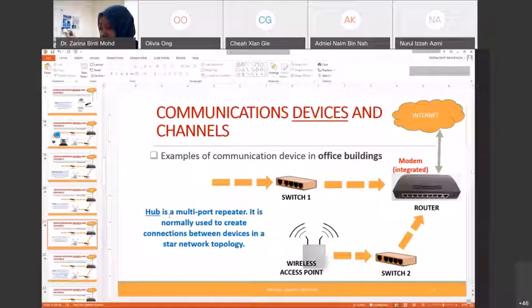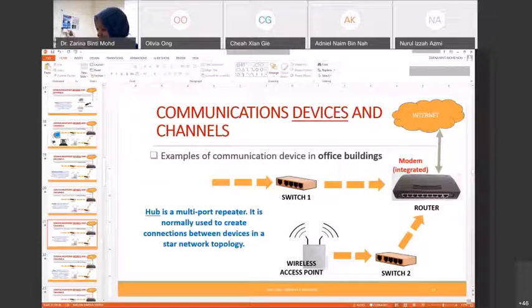Next, we also have the term hub. A hub is sometimes a generic term referring to any network device, but sometimes it is also referred to as a multi-port repeater.